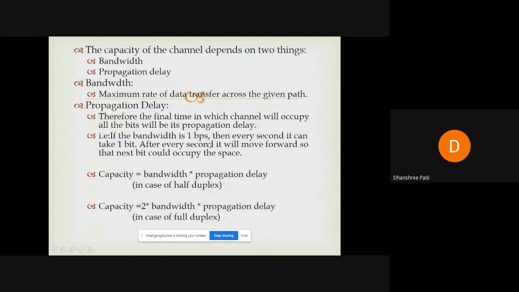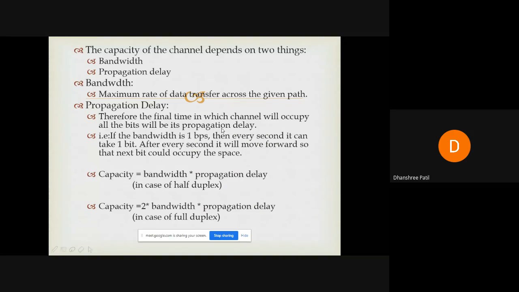The next part is the propagation delay. Please pay attention to the definition. Delay is when, due to some circumstances, the data is transmitted and it takes some extra time to transfer that data. Propagation delay is the final time in which the channel will occupy all the bits.